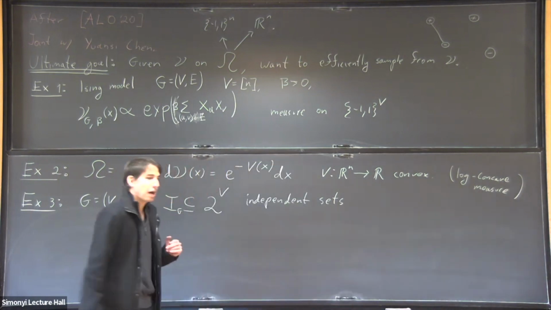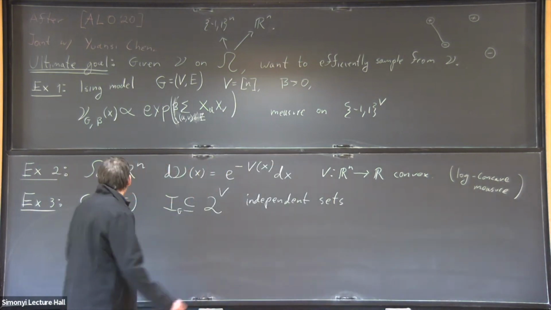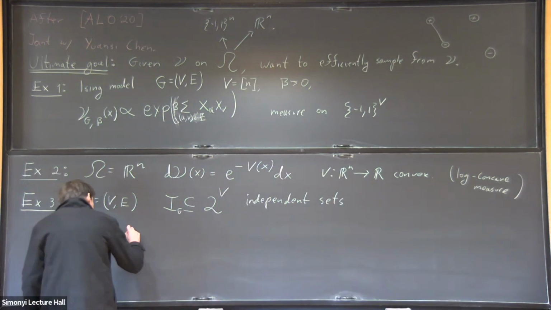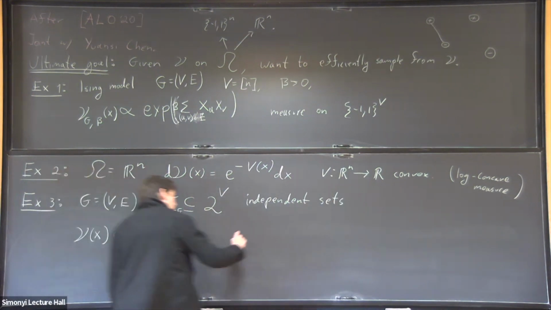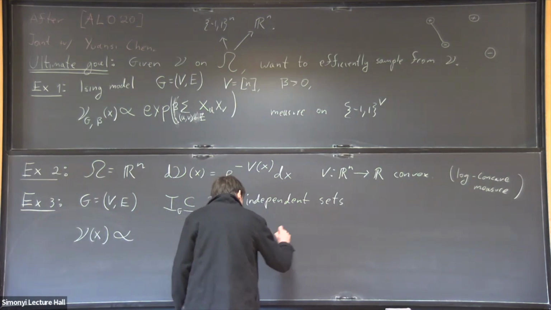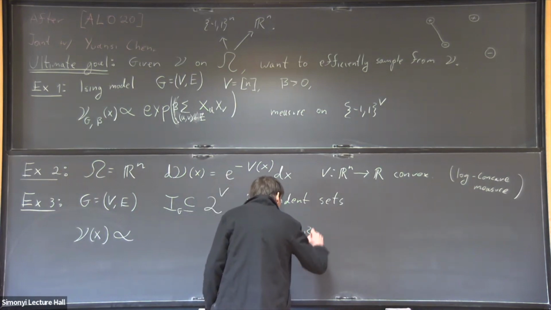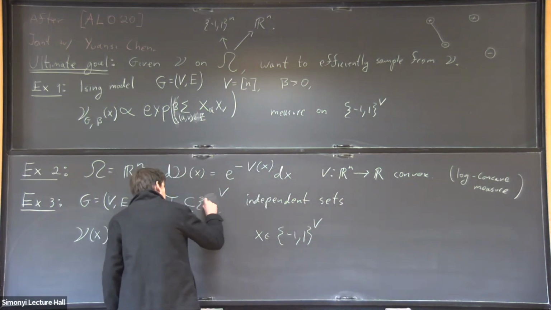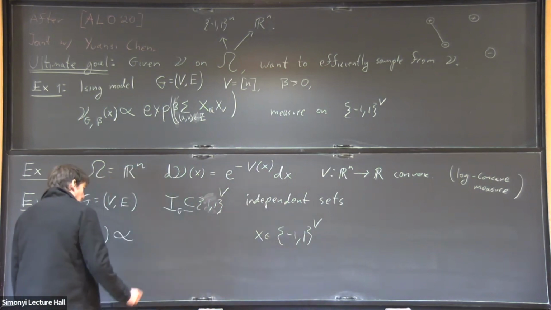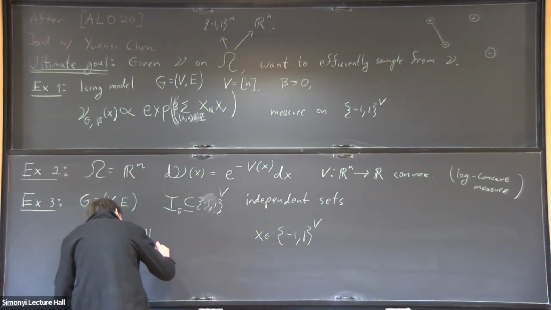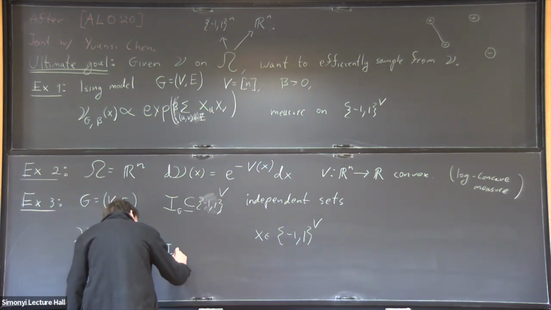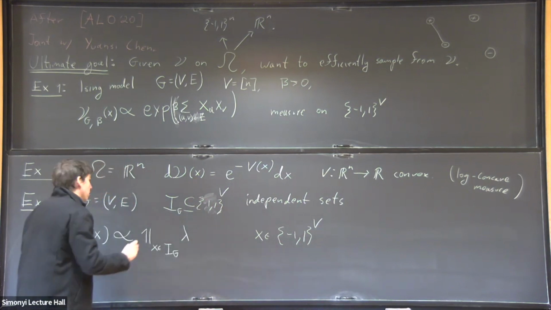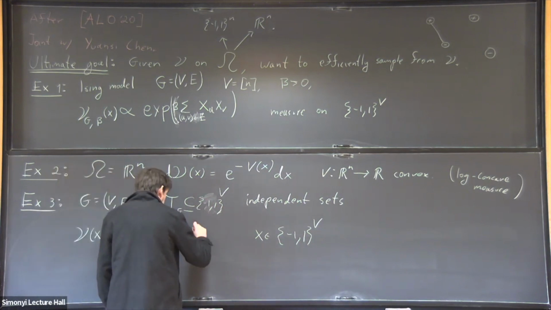So let's consider the family of independent sets, and suppose that nu of x is proportional to, again x is in -1, 1 to the V, the indicator that x is an independent set times some parameter lambda to the size of x.